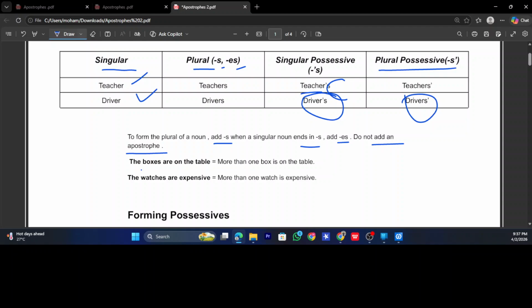Here there is more than one box, so no need for an apostrophe. You just use es after box. Another example: the watches are expensive. Here more than one watch is expensive, so there is no need for an apostrophe.